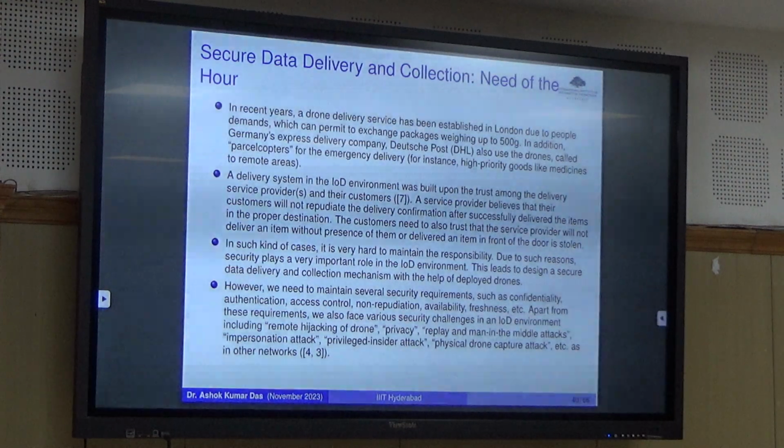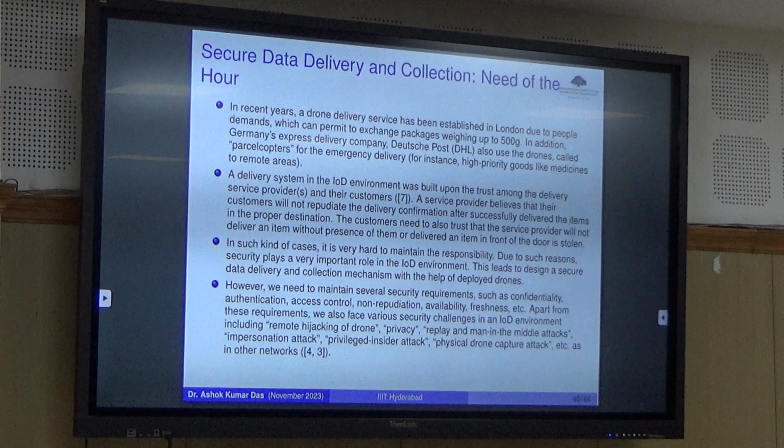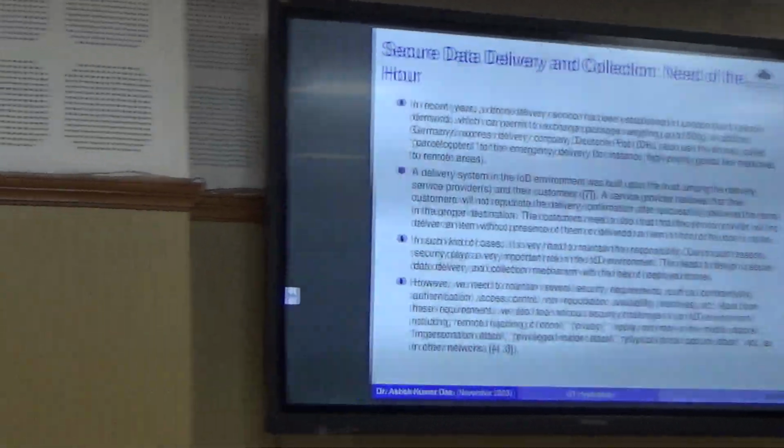In such a system, there is a trust between the service provider and the customer. For example, once your delivery goods are delivered to your house door, later you should not deny that you have not received your items, or that they have been stolen by somebody. And also the customer needs to rely on the service provider.